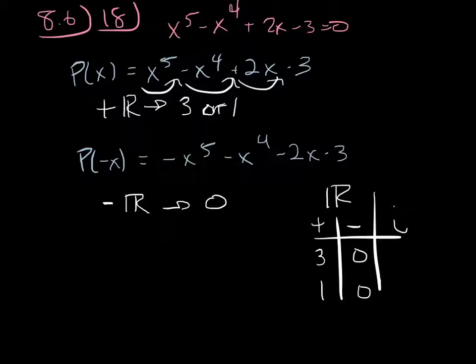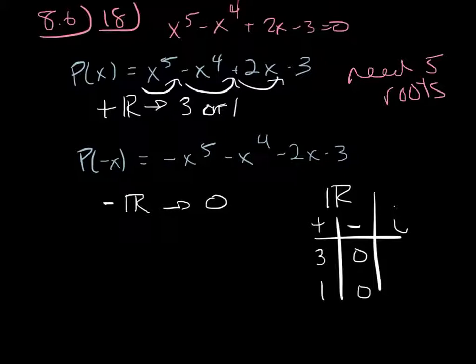Since my degree is 5, I need 5 roots. If I've got 3 plus 0 is 3, I need 2 more that are imaginary. And I have 1 plus 0 is 1, so I need 4 more that are imaginary. So that's Descartes' rule. There are 3 more examples for you. Try yours to match along with this.